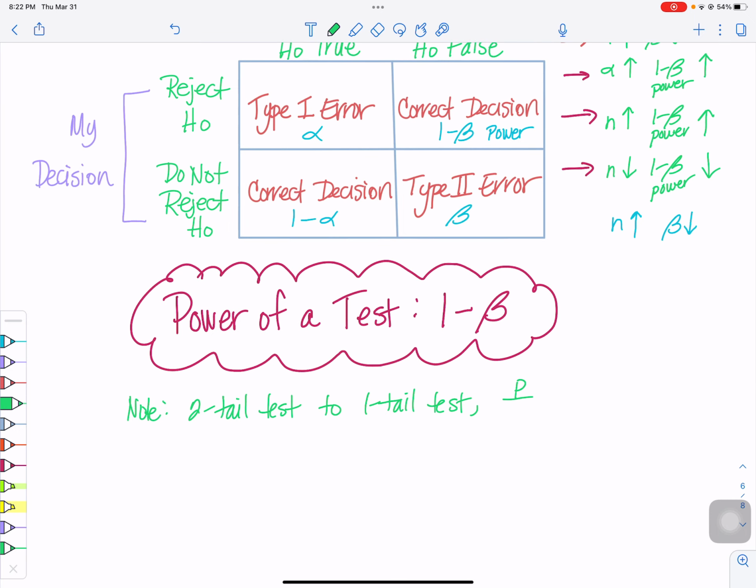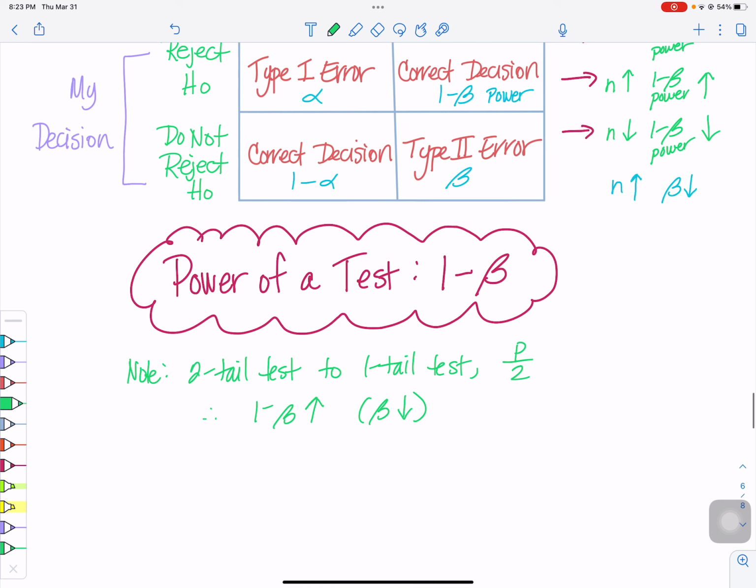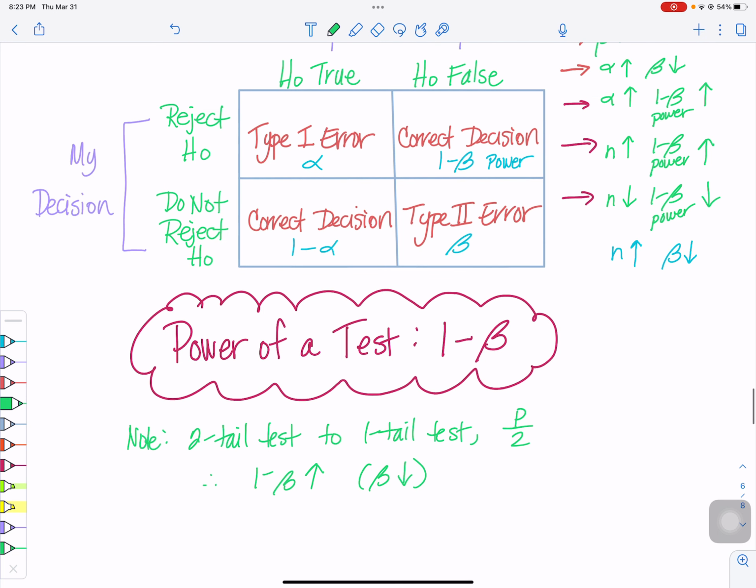That P value is divided by 2. Therefore, when that happens, that power goes up, which of course beta is going to decrease. So I do think that this might help you.